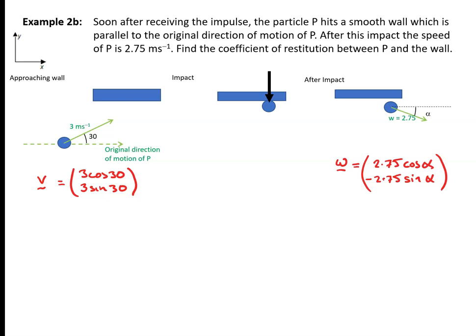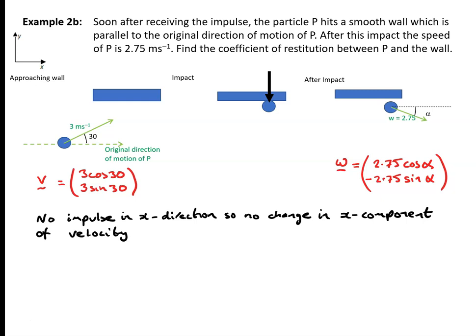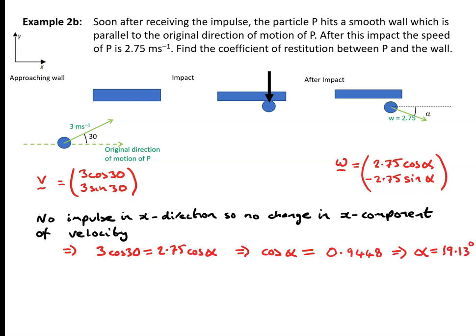The final velocity we can write as (2.75 cos alpha, minus 2.75 sin alpha), and since there is no impulse in the x direction, there is definitely no change in the x component of the velocity, which tells me straight away that 3 cos 30 must be the same thing as 2.75 cos alpha. In other words, cos alpha is 0.9448, so alpha is 19.13 degrees.